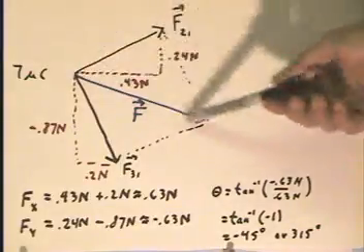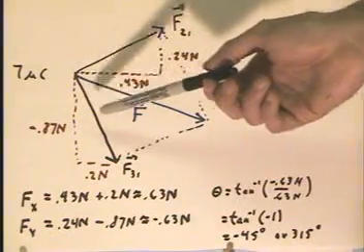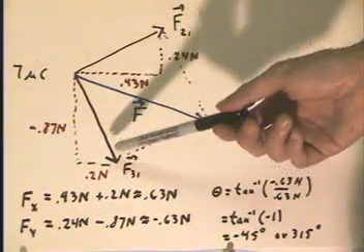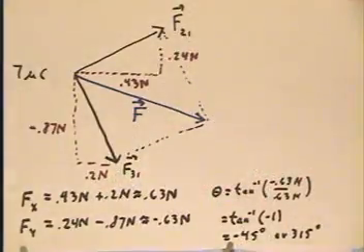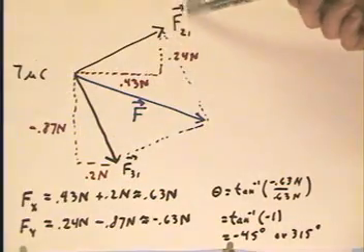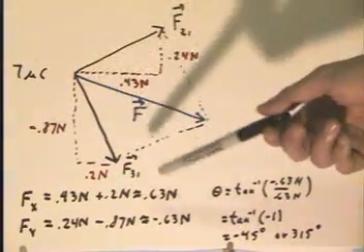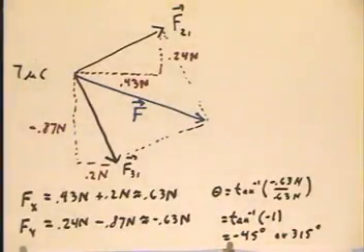So we can find the resultant vector. We can easily find the x component of the resultant vector. It'll be the 0.2 newtons of this vector plus the 0.43 newtons of this vector, or 0.63 newtons. The y component will be the 0.24 newtons of F21 and the negative 0.87 newtons of F31, which will give us a negative 0.63 newtons.